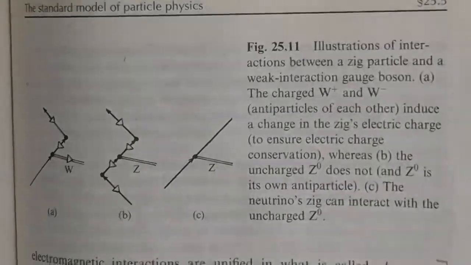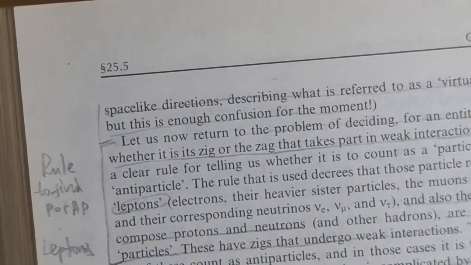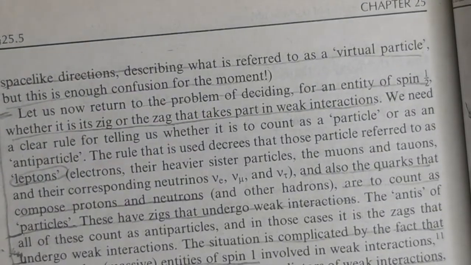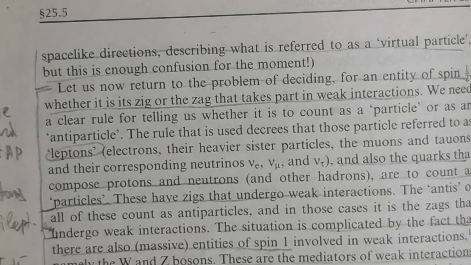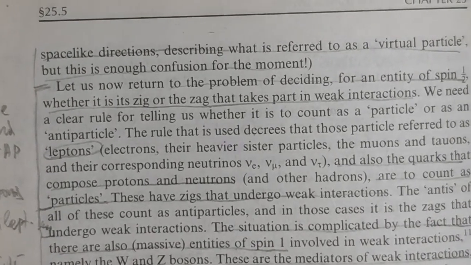So basically at the end of that subchapter, we came up with the rule to find the antiparticles. And those correspond to the charge conjugation, right?